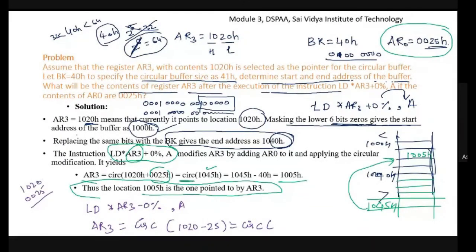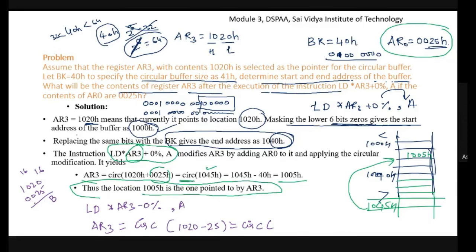So how much is it going to become? 16. 16 minus 5 is 11. 11 is nothing but B. Again here it becomes 1, so I cannot subtract 1 from 2. I'll take again 16 from this. 16 is 10 hexadecimal.